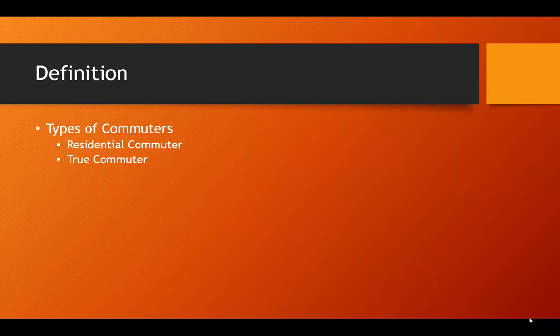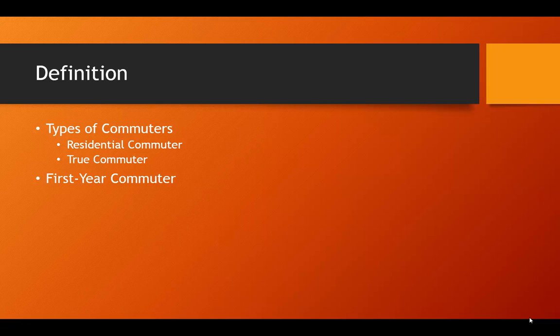So when we're talking about commuters, we're going to be talking about true commuters, and those are students that are commuting a distance to come to campus. They park on campus, they go to class, and then they leave. That is what I'm referring to as a true commuter. And a lot of the things that we're going to be talking about are going to be around true commuters.